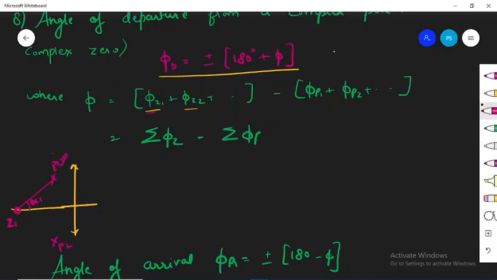Similarly, phi p1, phi p2 are the angles which the other poles make with this complex pole for which we have to calculate the angle of departure. Suppose there was one more pole here, the angle it makes with this complex pole, which is already a complex pole. So they are phi p1, phi p2 and so on.